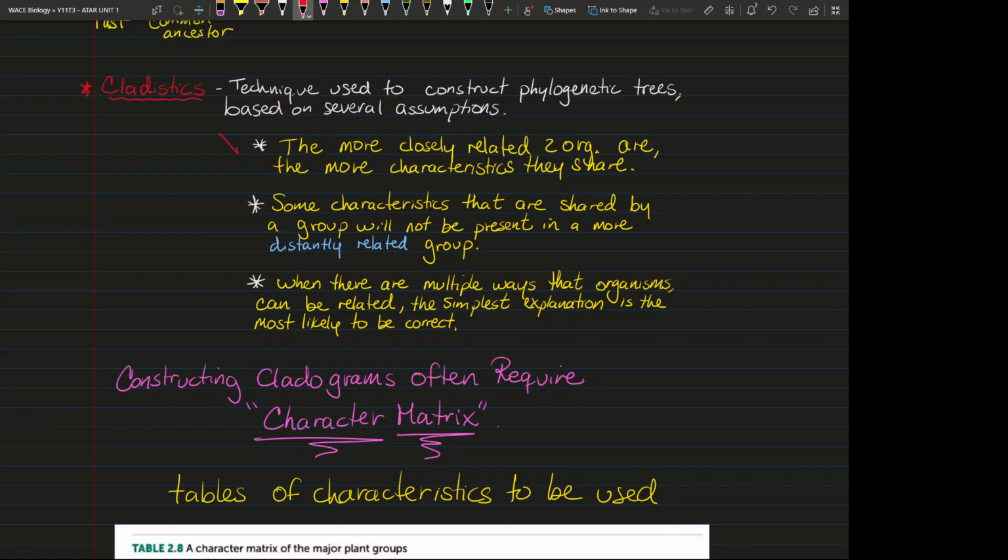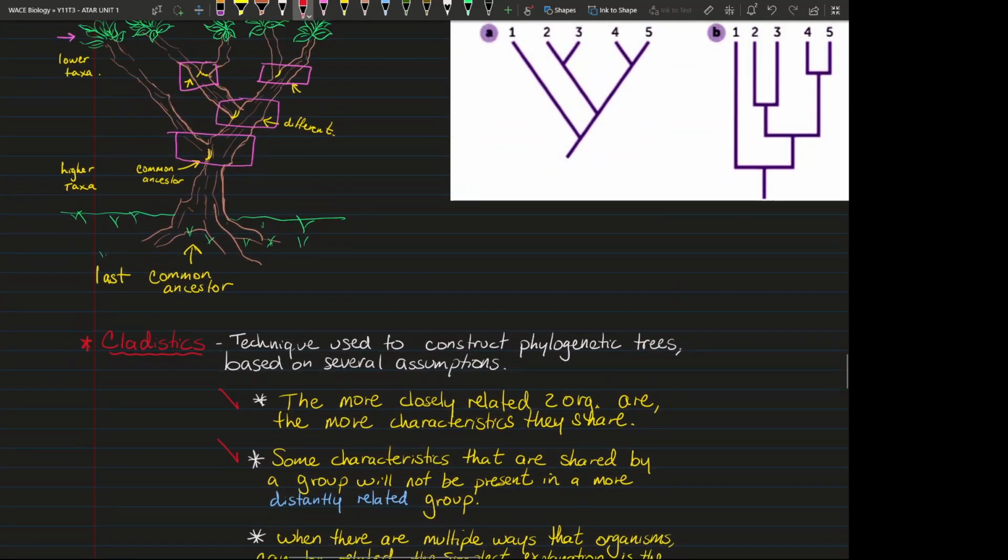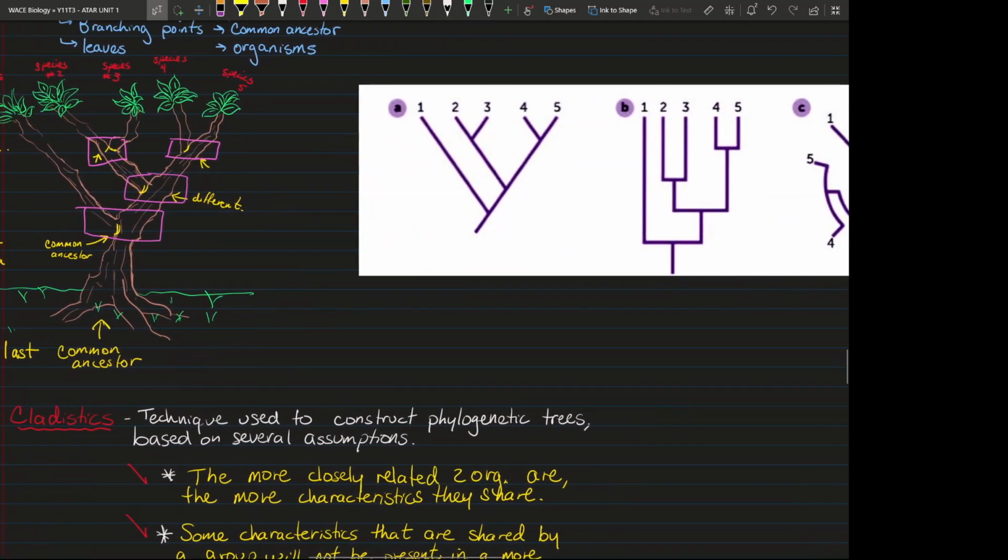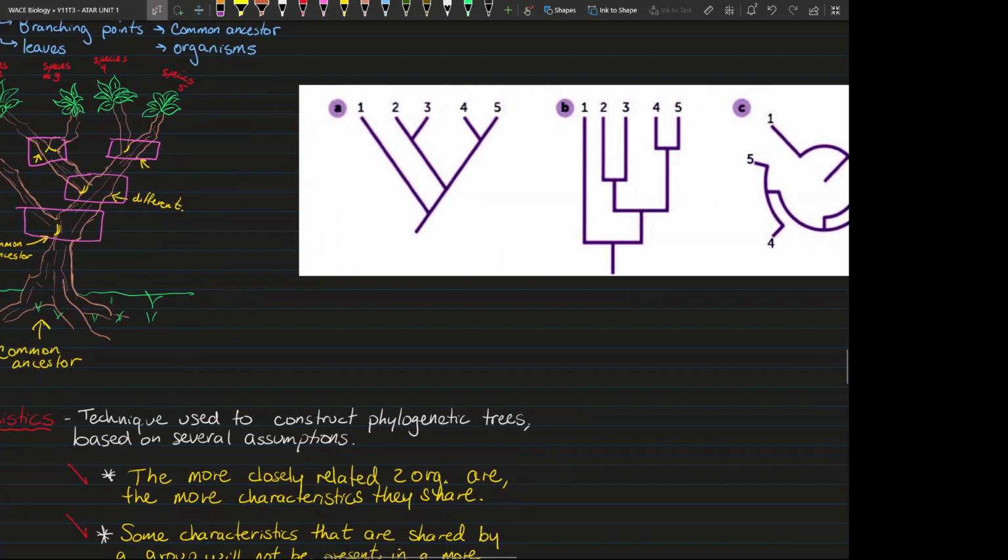Even though some characteristics are shared in a group, it doesn't necessarily mean that feature will always be present in more distantly related group members, right? So, for example, going back to this diagram here, it could go both ways.